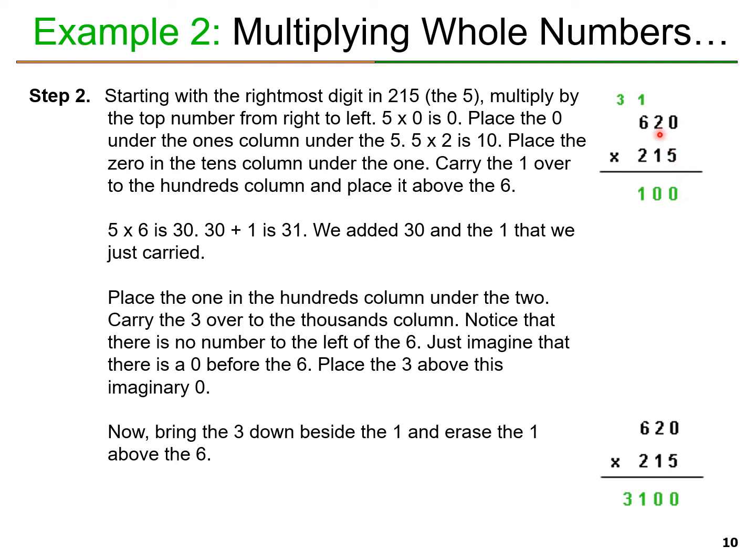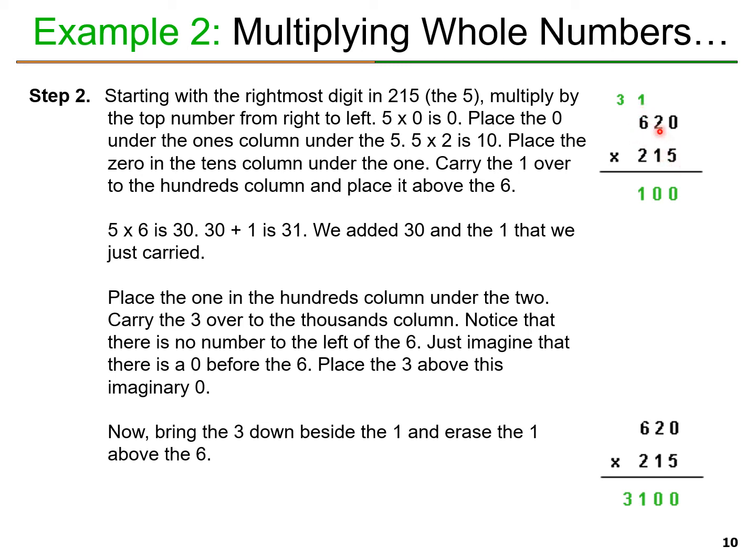Then we go to the next number, which is in the tens place. 5 times 2 is 10. So we write down the 0 in the tens column because this 2 is in the tens column. And the 1 digit in 10, this 1 here, we have to carry over to the hundreds place.